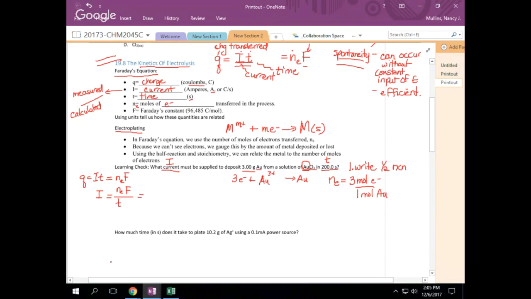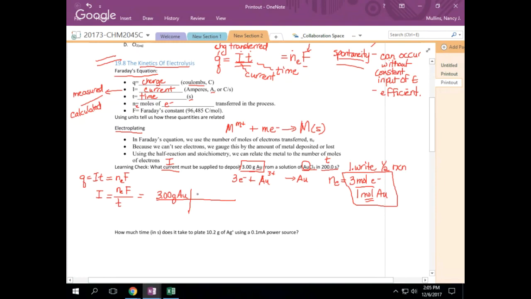So we need to figure out how many moles of electrons I'm going to get. What I know is that I want to have 3 grams of gold. And if I want to know how many moles of electrons, I'm going to have to relate it to moles of gold.